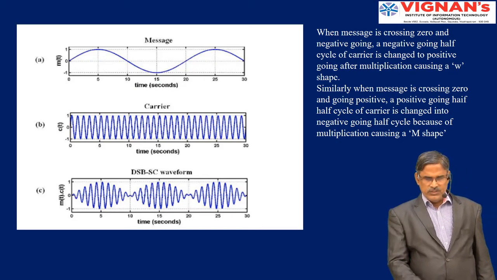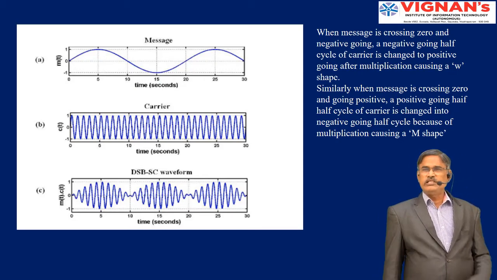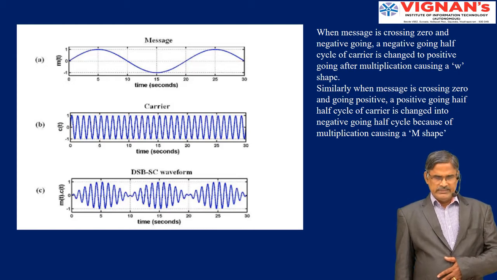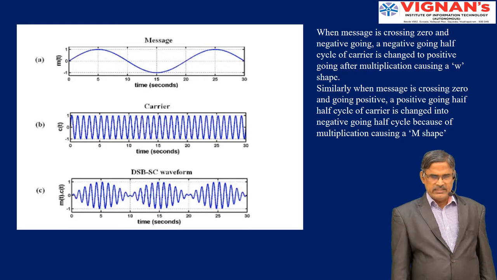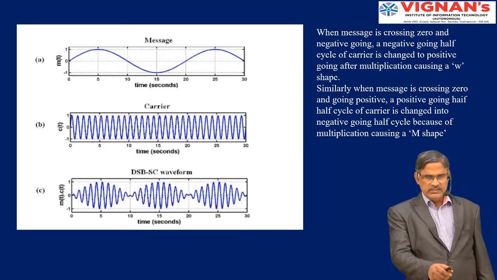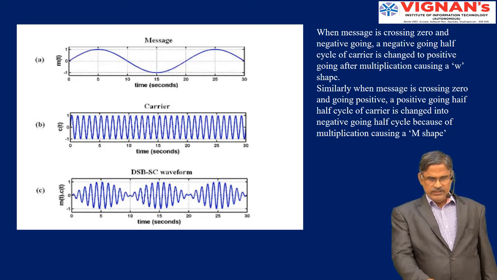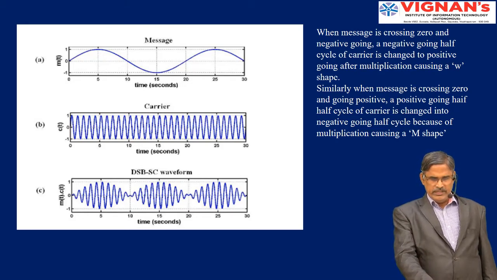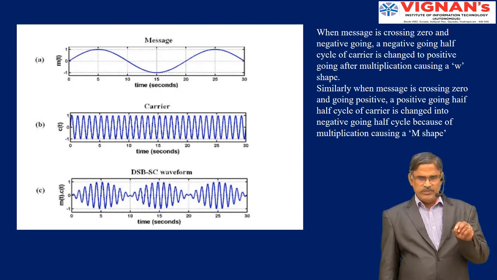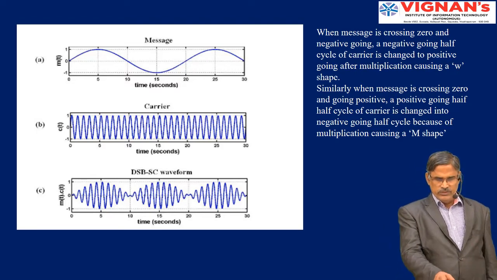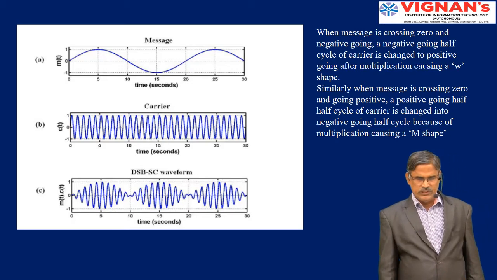You take the third row, which is the given DSB-SC waveform, and exactly in a vertical line, at 10 seconds, the message signal is crossing 0. At that time, the negative half cycle is changing into positive. Because of the multiplication by a small value, it looks almost like a 0.